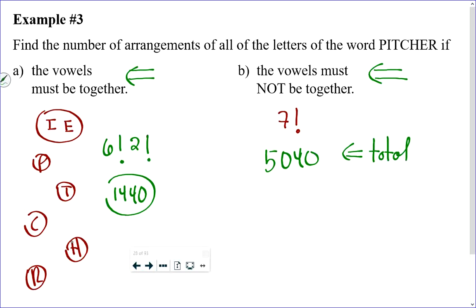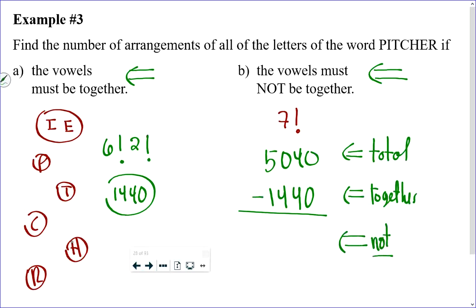If you throw out all of the I's and E's together, you're subtracting the 1440 from the 5040. So this is total, this is together, what you're going to get is not together. By my arithmetic, that's 3,600. Good.